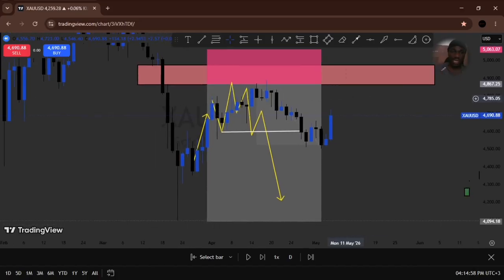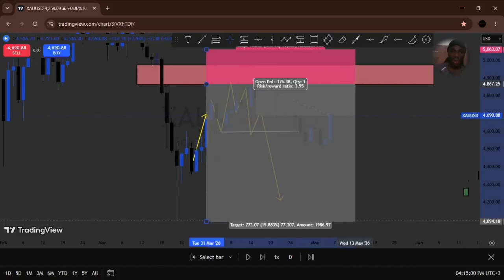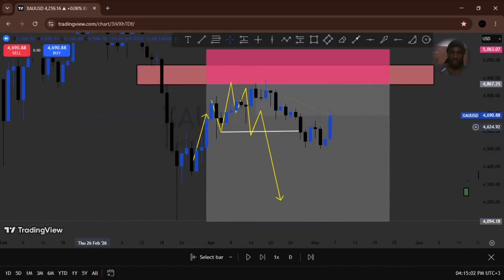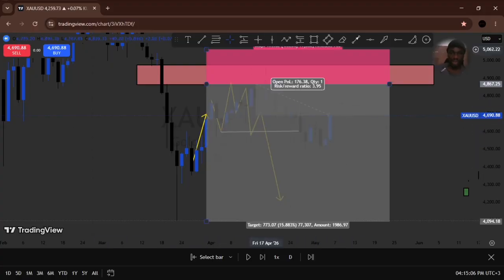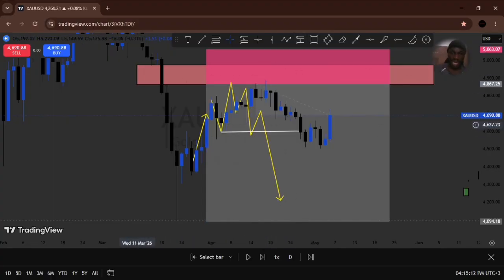What does it indicate? We are going to look for our sales. So the first entry will be around here. This is the first entry. The first entry was taken at the top. Now the second entry is going to be taken within the bearish blocks, because if you look at this, this is a breaker block.